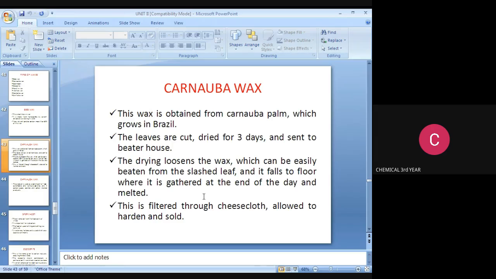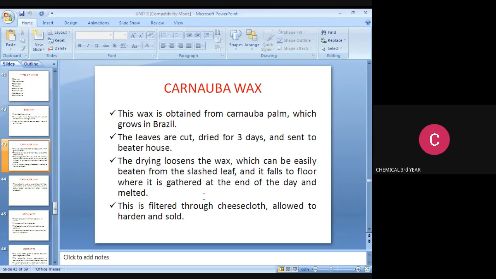Now carnauba wax. This wax is obtained from the carnauba palm, which grows in Brazil. This is a vegetable wax. The leaves are cut, dried for 3 days, and sent to the beater house.